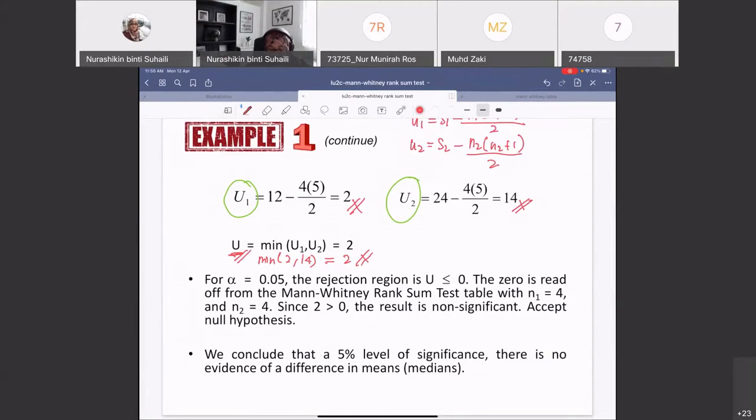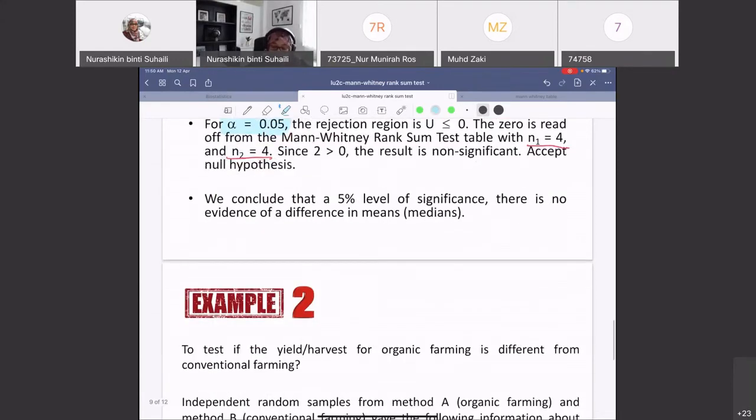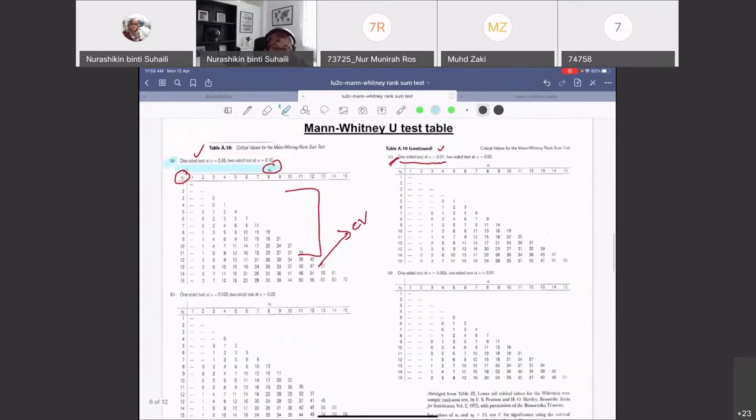Then the next thing is to find the CV from the table. The CV stands for critical value from the Mann-Whitney rank sum test table. We know that N1 is 4, N2 is 4, and our alpha is 0.05. It's very important for you to take note of the value of alpha, because that will determine which table you will use for the Mann-Whitney rank sum test.